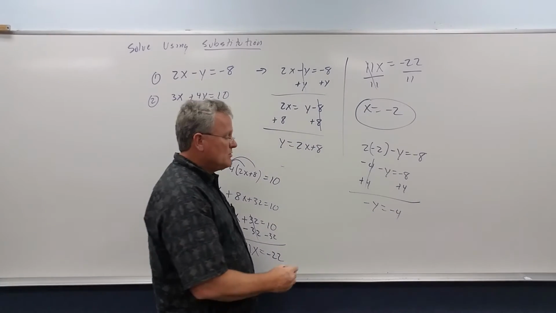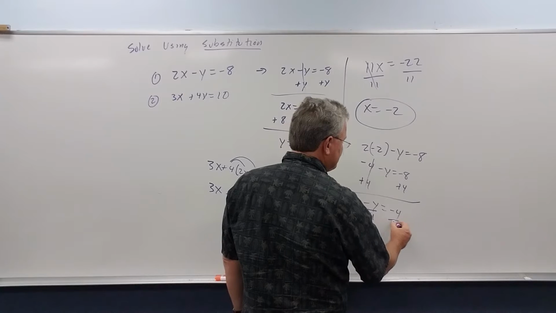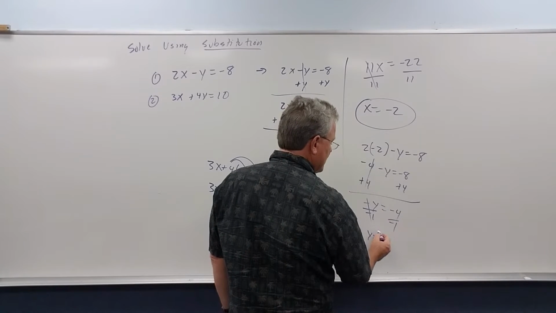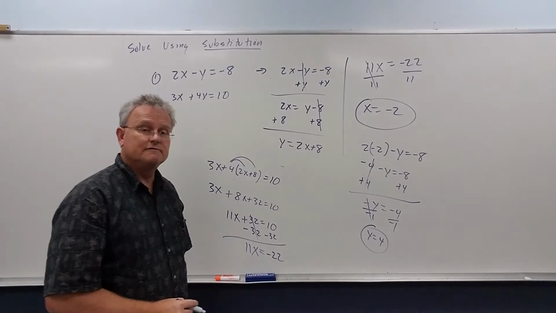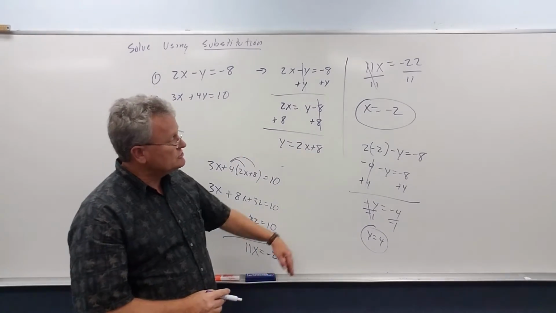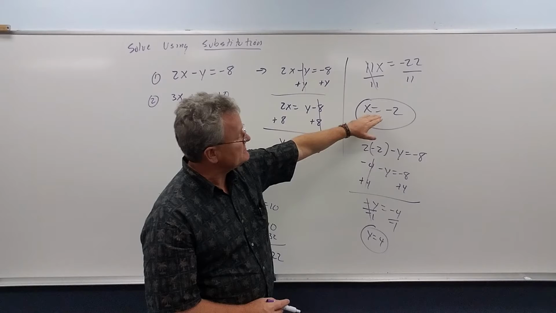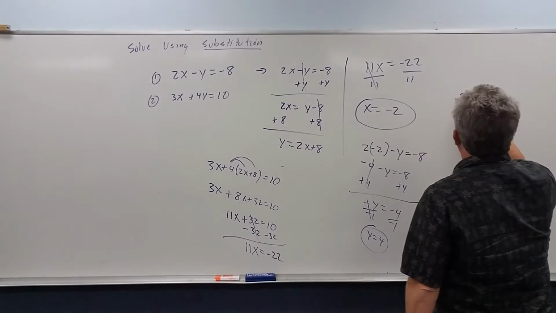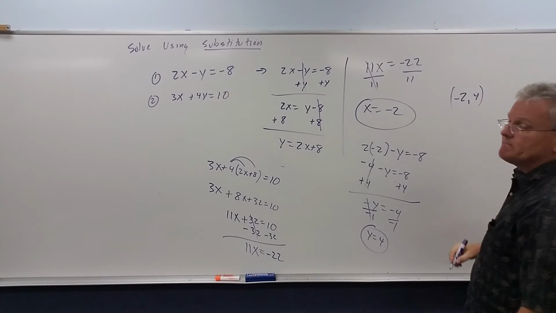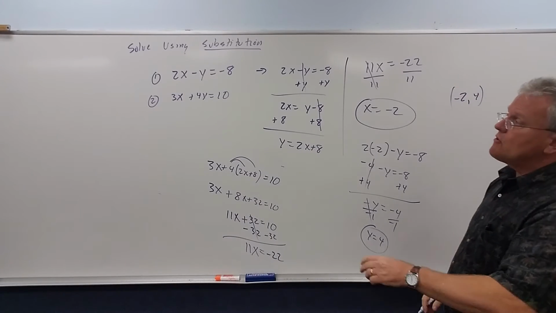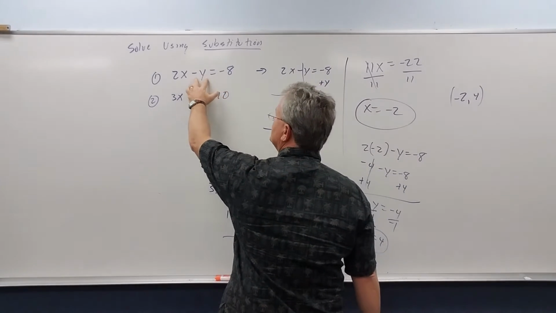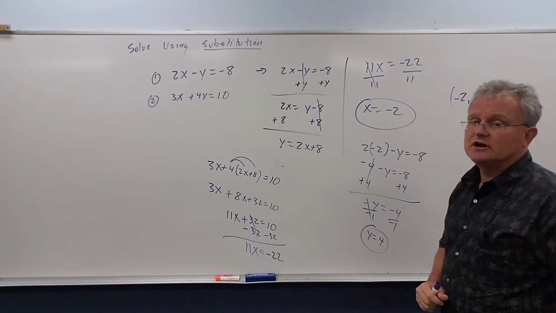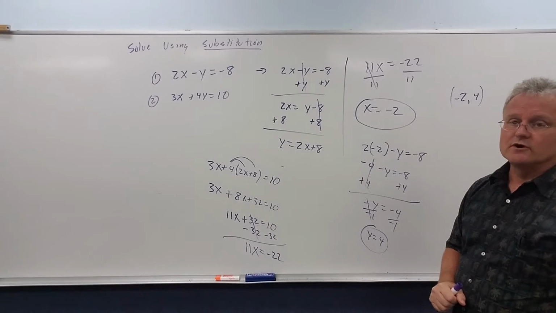Divide both sides by negative 1, and we get y is equal to negative 4 over negative 1, which is positive 4. So the solution to this system of equations is x equals negative 2, y equals 4, or the point negative 2, 4. That is the point where, if I graphed these two equations, they would intersect each other.